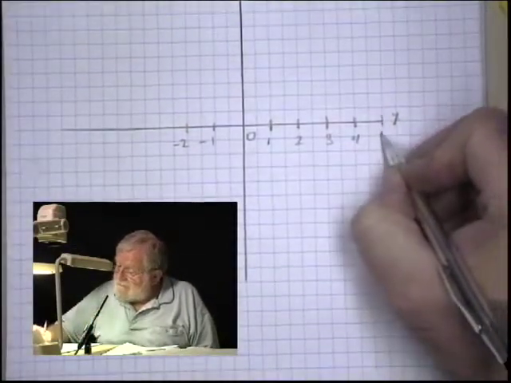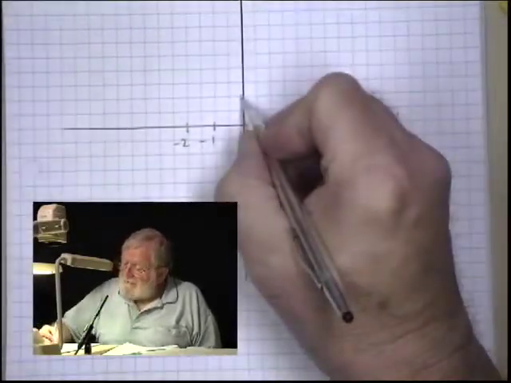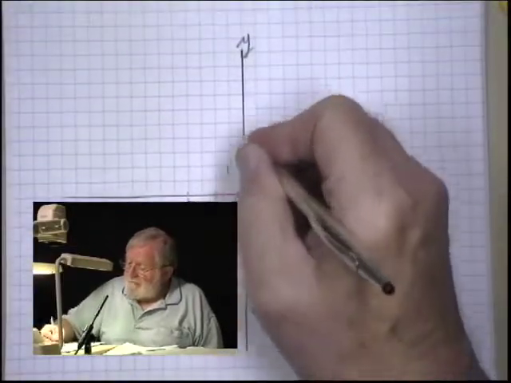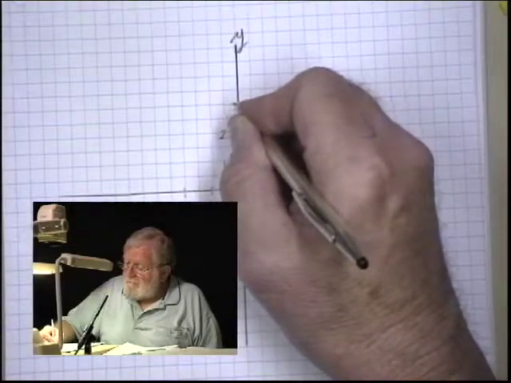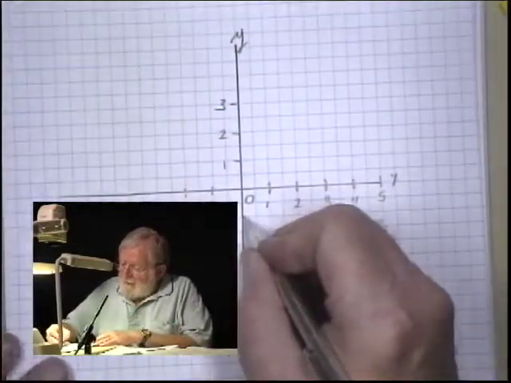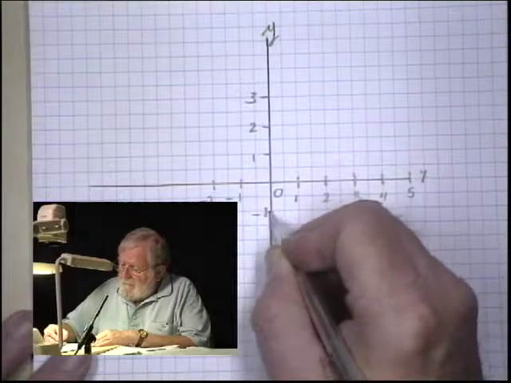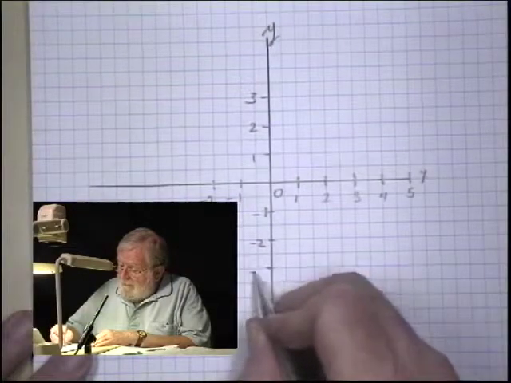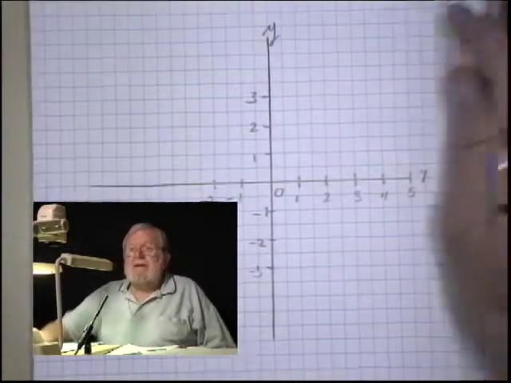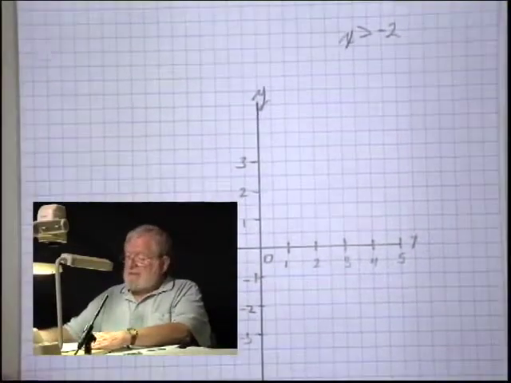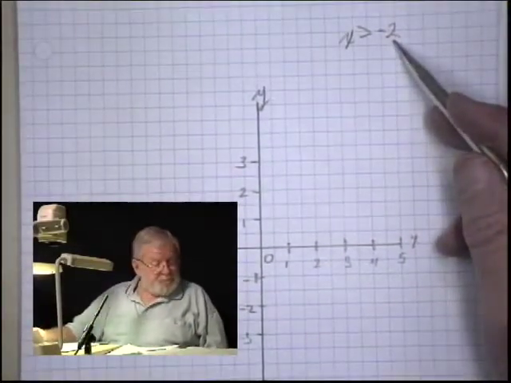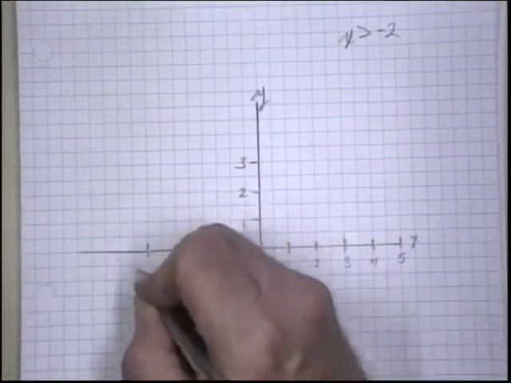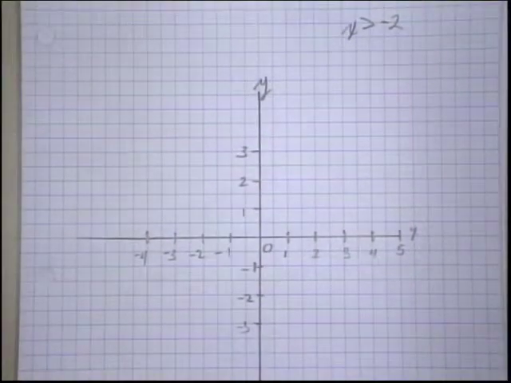Let's do 5 out here, okay? This would be y, our y-axis. This would be 1, 2, 3, and minus 1, minus 2, minus 3. Well, our inequality is just x is greater than minus 2. I better put a minus 3 out here and a minus 4 to show this, okay?